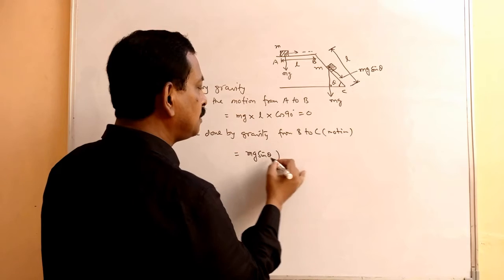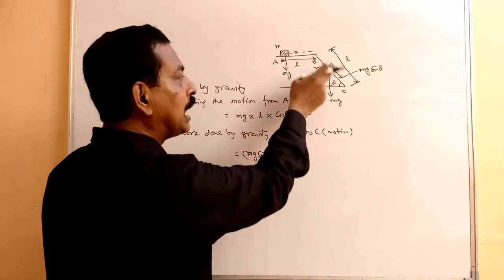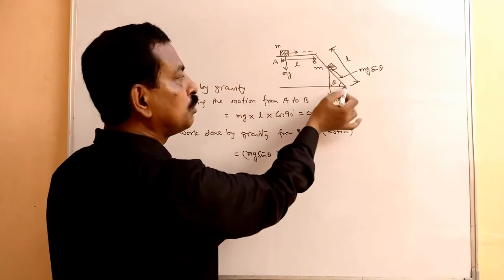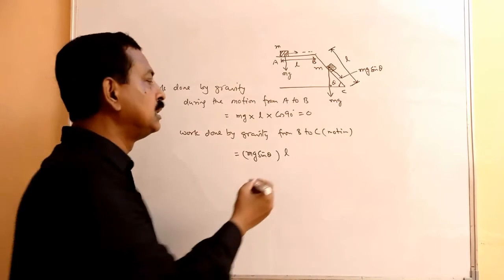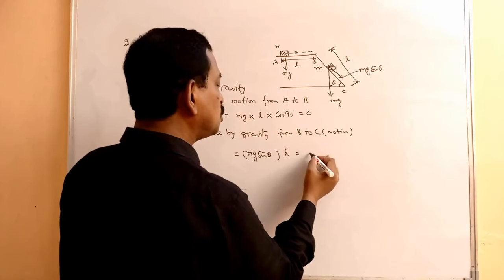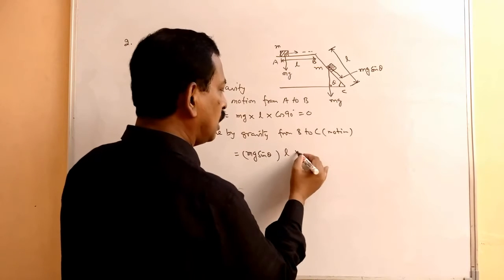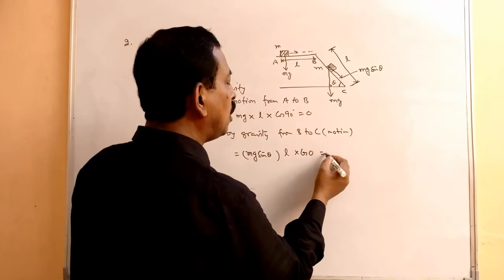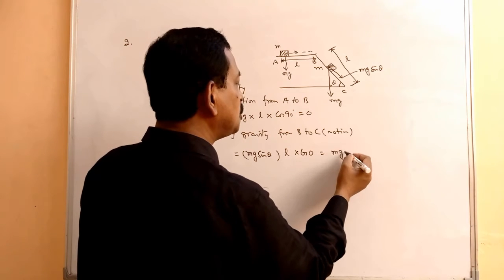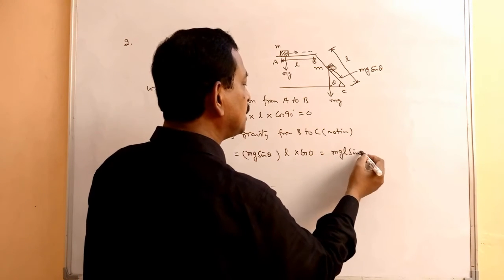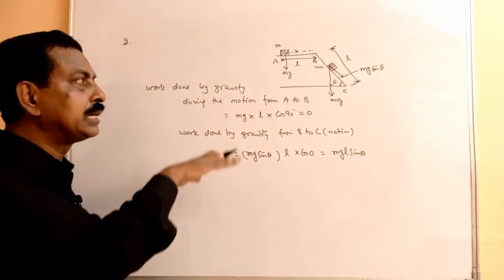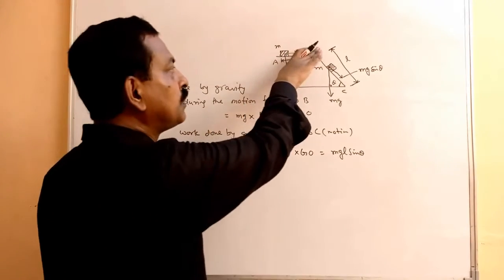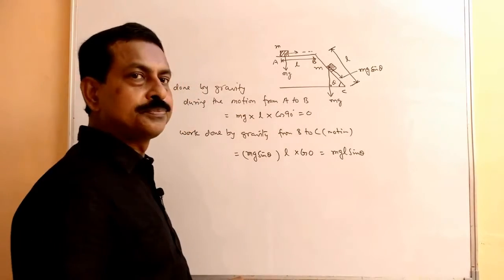Length is your L. And now the angle between the two, it will be 0 because the displacement and the component of the force are in the same direction. So in that case, this will be equals to this into cos 0, or that will be equals to mgL sine theta. So this is the work done by gravity when it is moving from B to C.